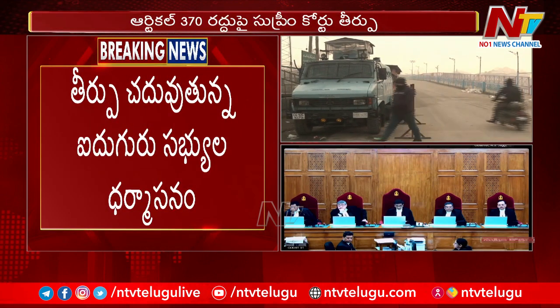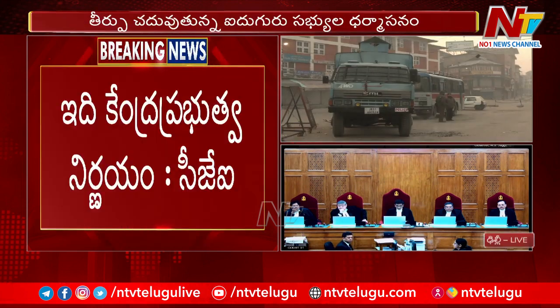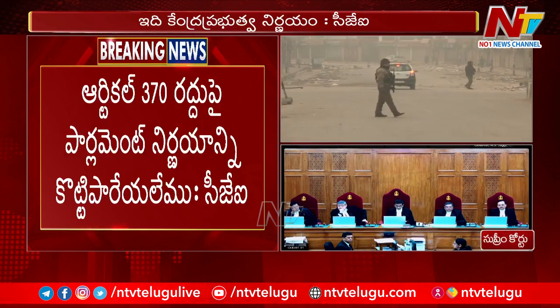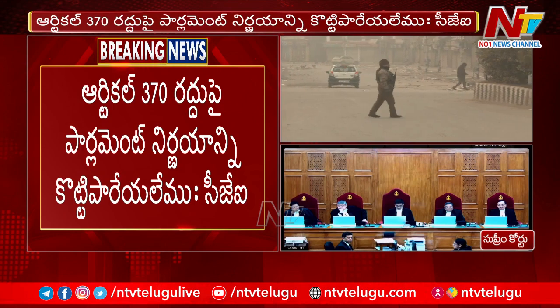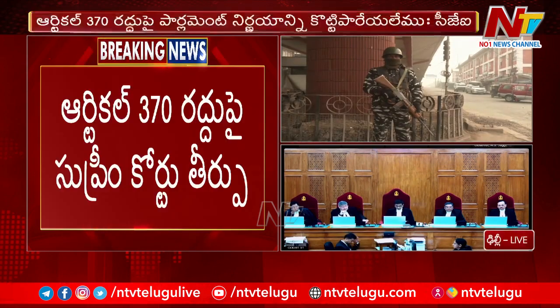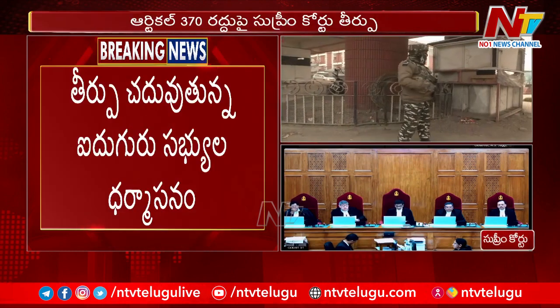Fourth, there is a clear absence in the Constitution of Jammu and Kashmir of a reference to sovereignty. In contrast, the Constitution of India emphasizes in its preamble that the people of India resolve to constitute India into a sovereign, socialist, secular, democratic republic.